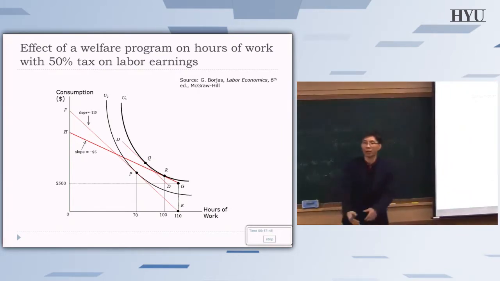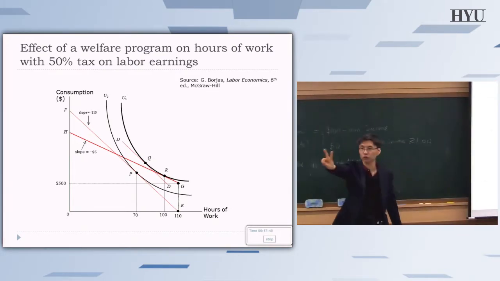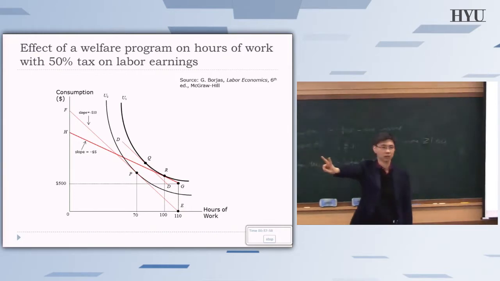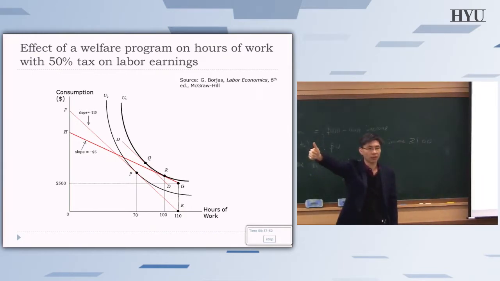So, in summary, what happens? This welfare program has two consequences. One, it increases income, simply. The income cannot be lower because of the welfare program. Second, because of implicit tax, her wage rate will be lower. So both things happen: income increases and price of leisure decreases.